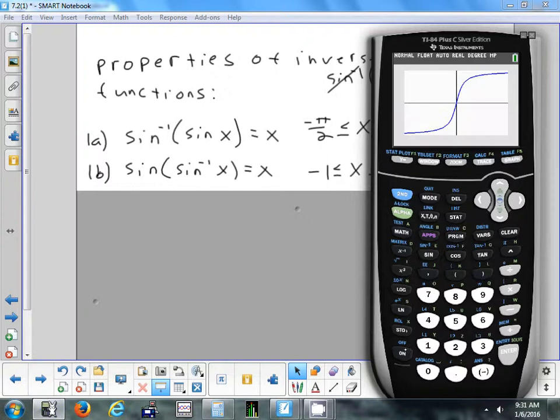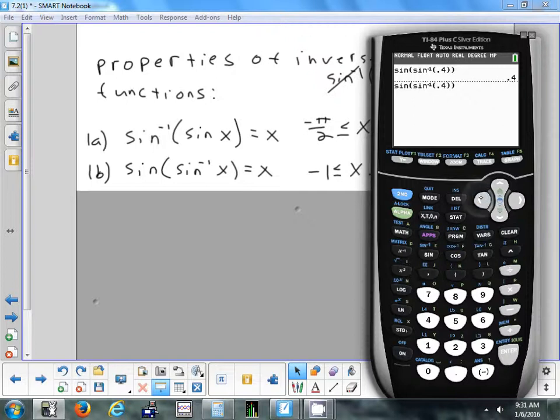Let's try it. Let's try sine of inverse sine of 0.4. When I hit enter, those should cancel out, and what should I get? 0.4. And I do, because that's a number between negative 1 and 1.